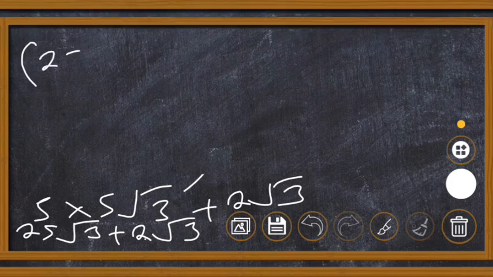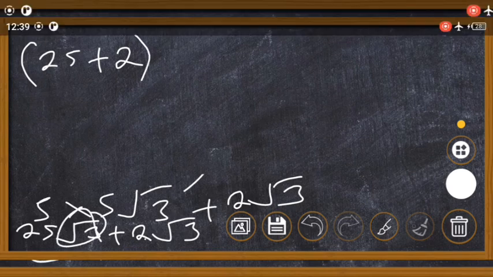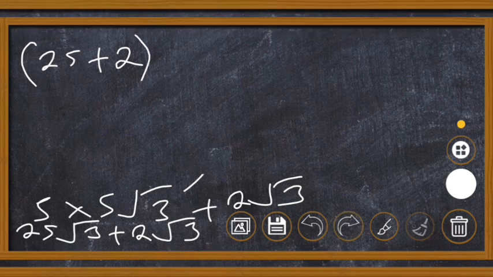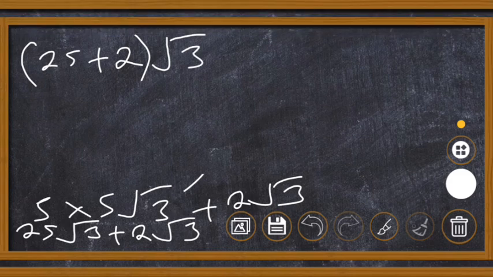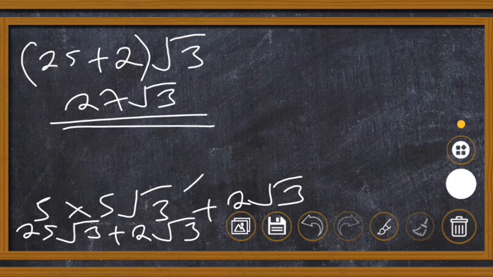So we have 25 plus what? Plus 2, and then since we have the same roots, we are going to write one root, that is root of 3. Then 25 plus 2, it's 27, so we have 27 root of 3. So this is the answer.